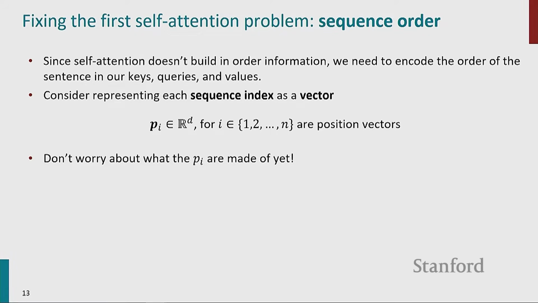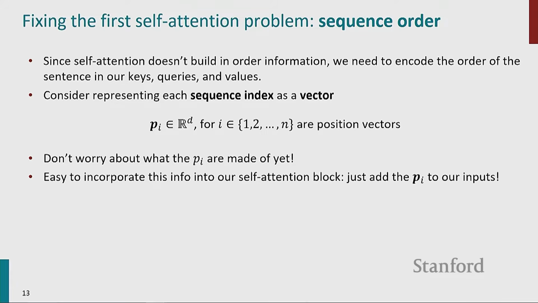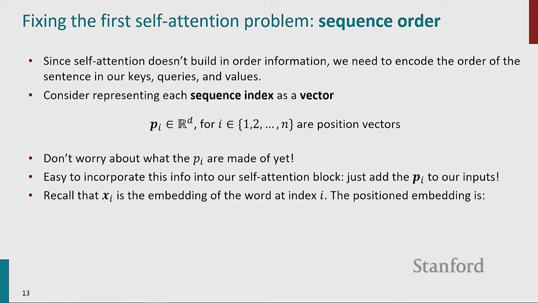If you wanted to incorporate the information represented by these positions into our self-attention, you could just add these pi vectors to the inputs. So if I have this xi embedding of a word, which is the word at position i, but really just represents, oh, the word Zuko is here, now I can say that, oh, it's the word Zuko, and it's at position 5, because this vector represents position 5.